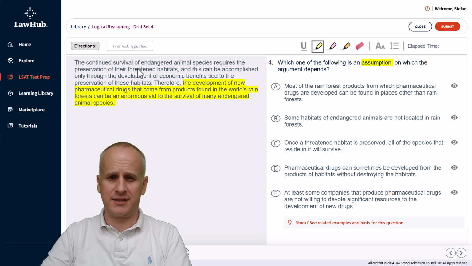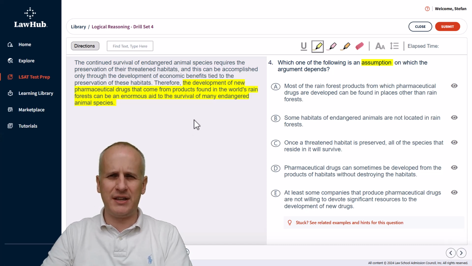I don't want to decide whether the only way to protect these endangered animal species, threatened habitats, is actually through economic benefits. I want to just focus on this conclusion that by developing new pharmaceutical products from these rainforests, we're actually going to be able to keep these endangered animal species alive and allow them to survive.